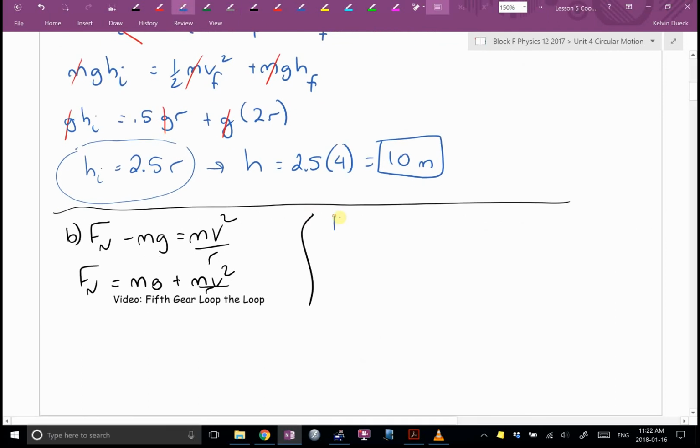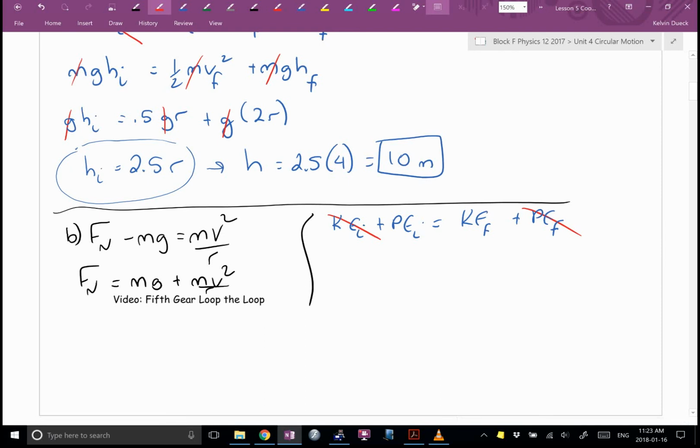It's going to be kinetic initial plus potential initial equals kinetic final plus potential final. We're still assuming we start at rest. Oh, but this time we're back on the ground. Yes? So this time I can cross out potential energy final.